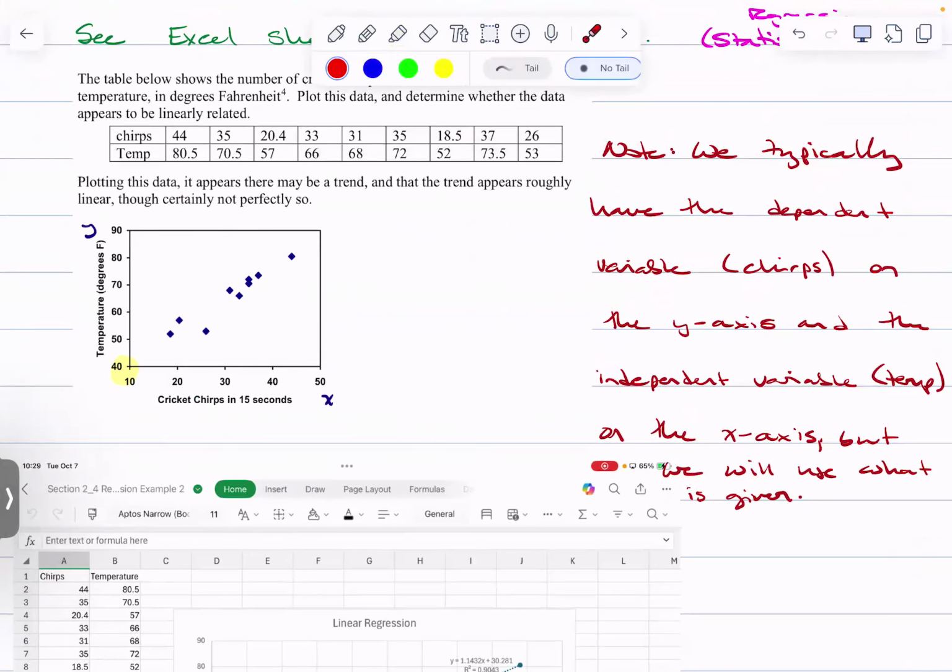So plotting the data looks like this, or you can use Excel to try it out, right? And you can plot it. And so what are we looking for? We're looking for, does this roughly resemble a straight line, right? I say, yeah, I can kind of look at this in broad strokes. There's no other shape that I have in mind that I could use to model this, right? And so that goes back to our toolkit functions, right?